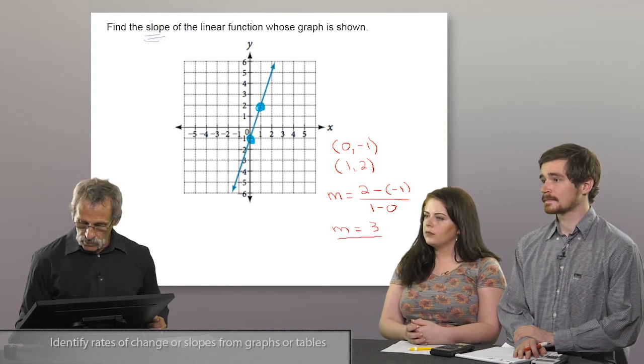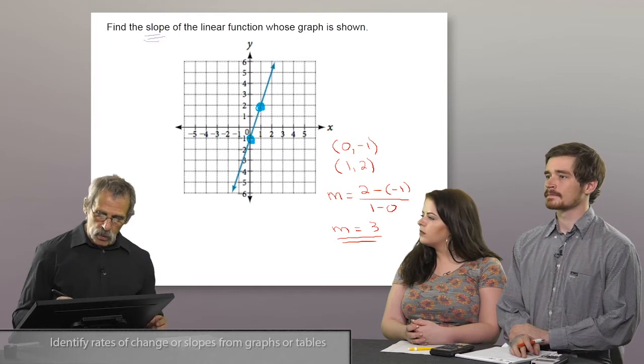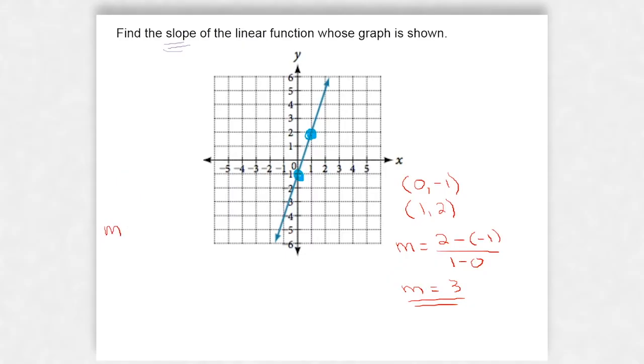Very good. The other way to recognize the slope from the graph, once you have identified the points, is to think of the slope as rise over run. It's a familiar phrase that many of you may have heard. We start at 1 point and go up 3 units, that's my rise, and over to the right 1 unit.